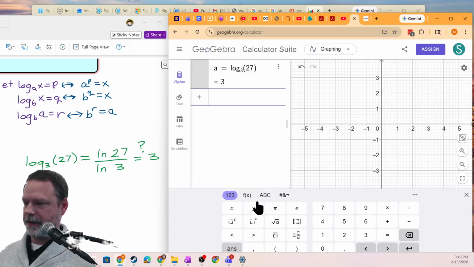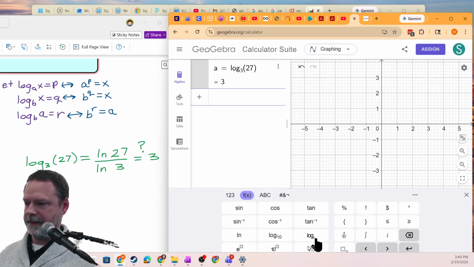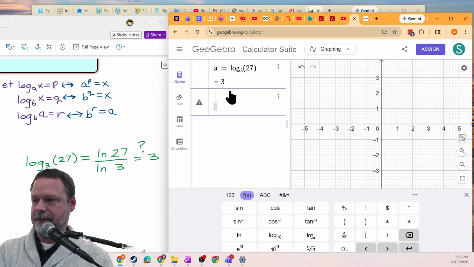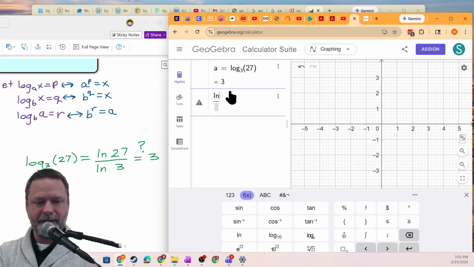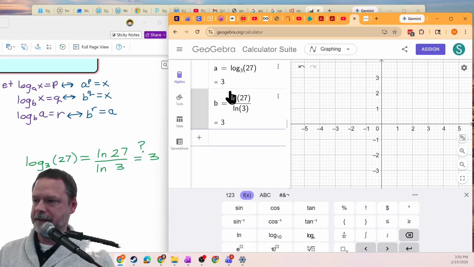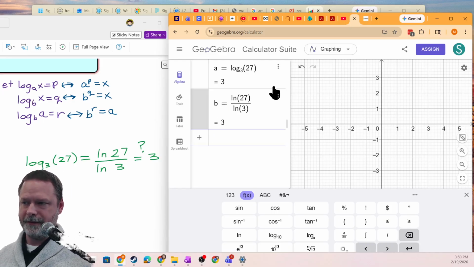And of course, there's a log function in here somewhere. But let's go ahead and do natural log now. Natural log of 27 over natural log of 3. Oh, my goodness. It's 3 also.